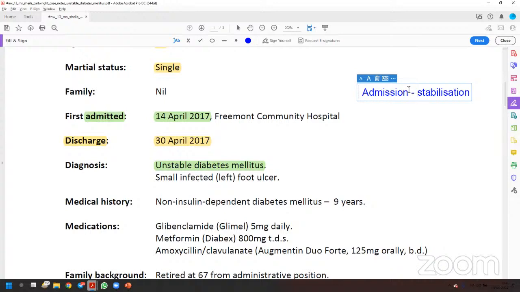Next one, treatment for this. What is the treatment?